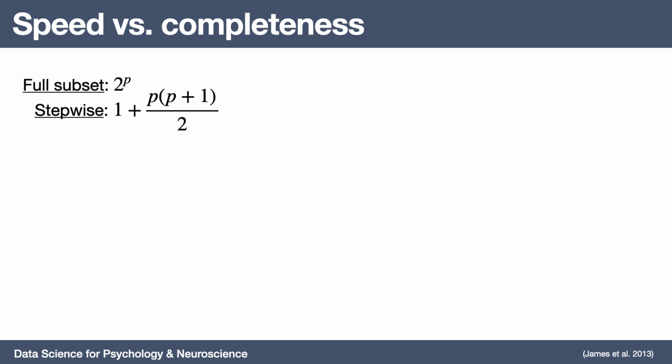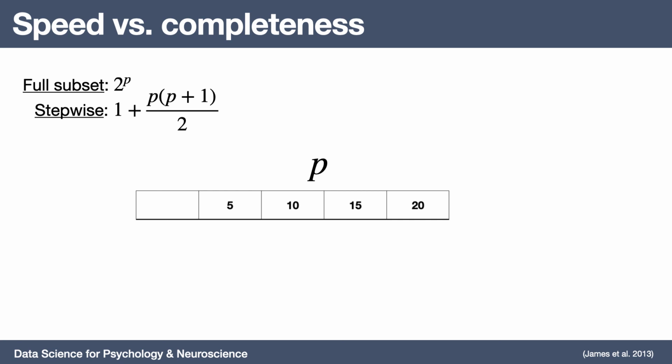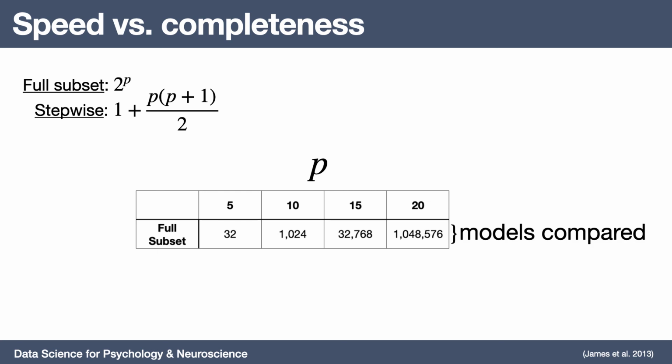Let's play this out logically. Let's say that I have 4 models, a model with 5 variables, 10, 15, and 20. For the full subset selection, I'd be comparing 32, 1024, 32,768, or 1,048,576 models for p equals 5, 10, 15, and 20 respectively.